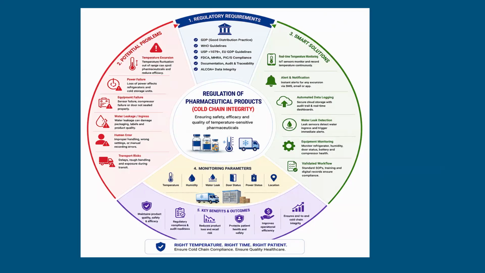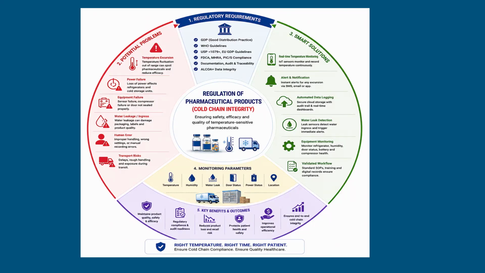It is an important aspect that comes under the regulation of pharmaceutical products. So potential problems in cold chain management are the different challenges. If we come to the different challenges related to cold chain integrity, one is the temperature excursion.